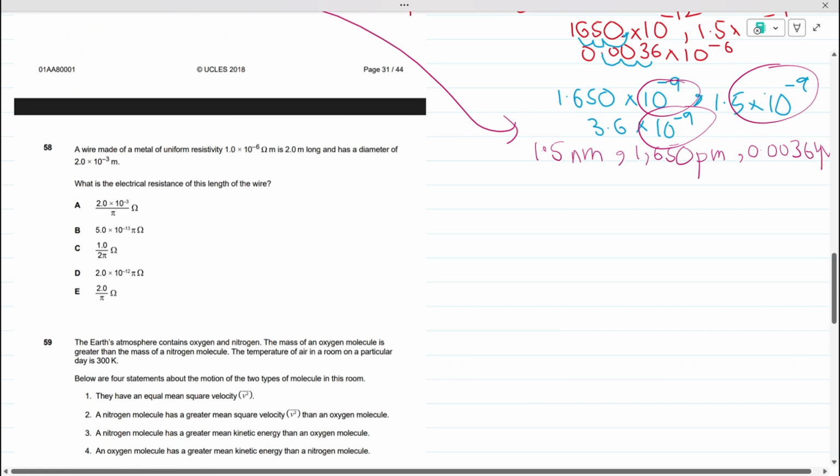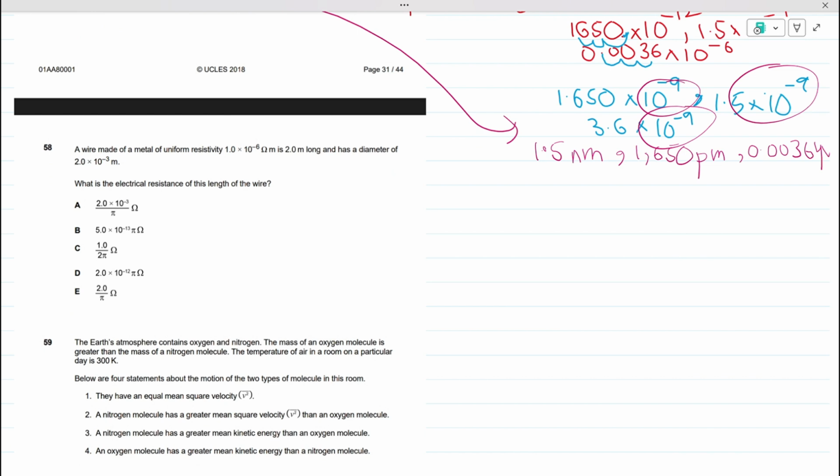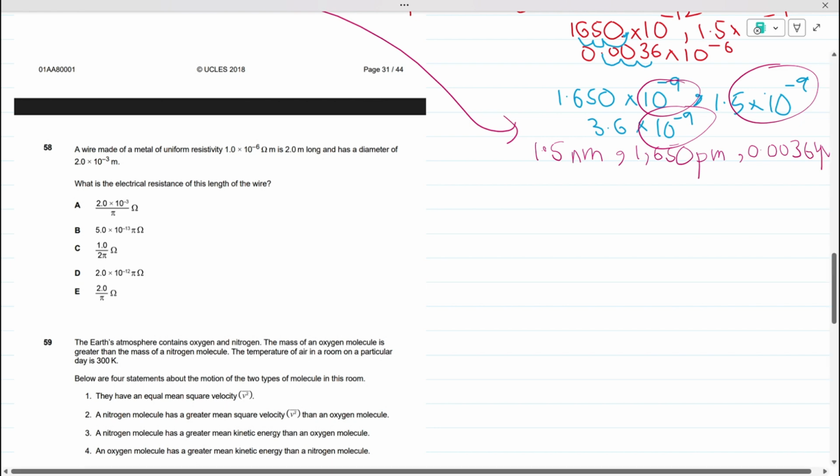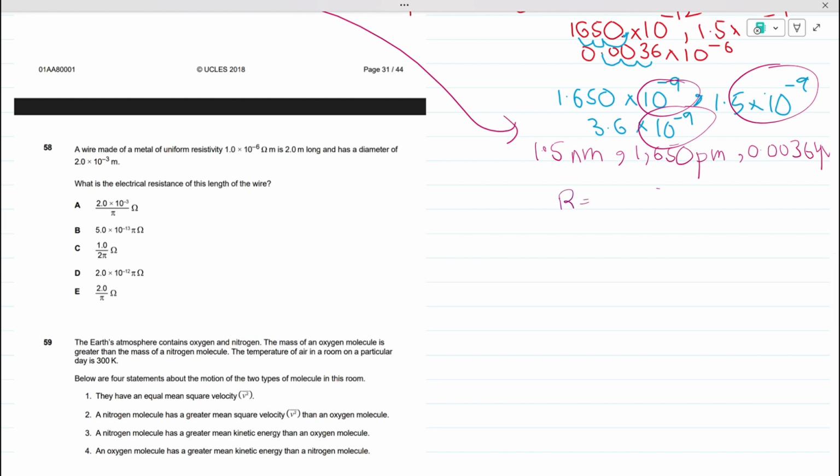Now let's solve the third last question, which is about a wire made of a metal of uniform resistivity. The resistivity is given to us, the length is also given, and the diameter is given. What we are supposed to find is the resistance. The formula for finding the resistance is R equals resistivity times length per unit area.